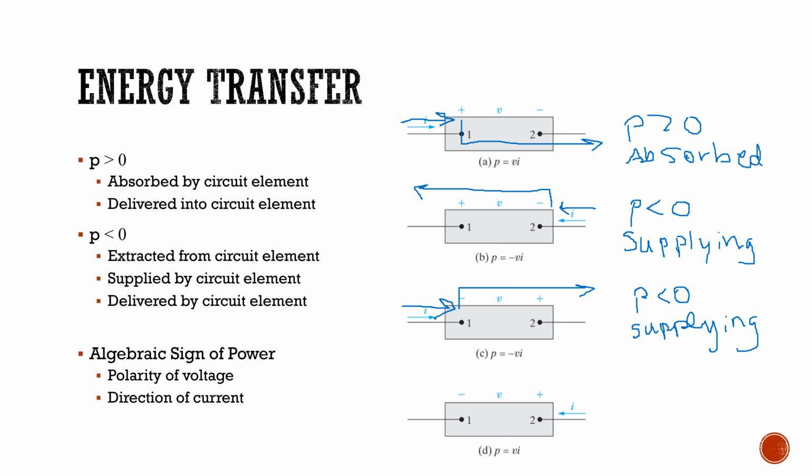In our last example, the current is entering through the positive terminal and there is a voltage drop, so our power value would be positive and our element is absorbing energy.